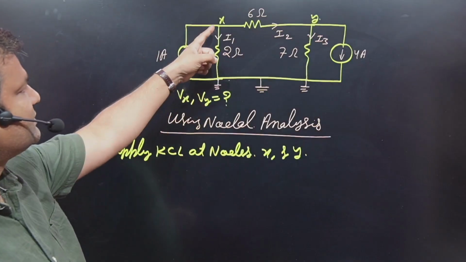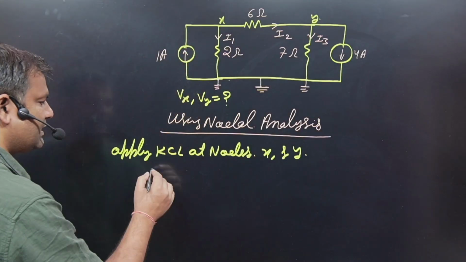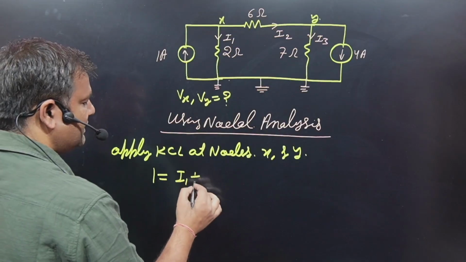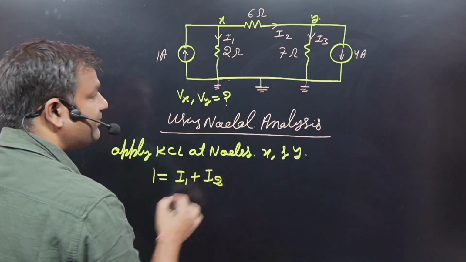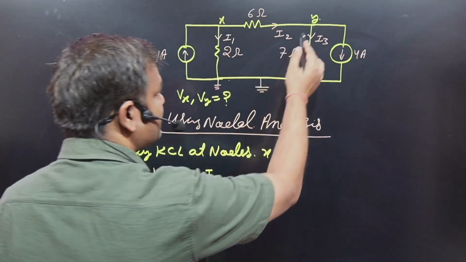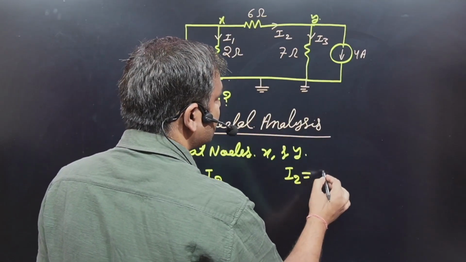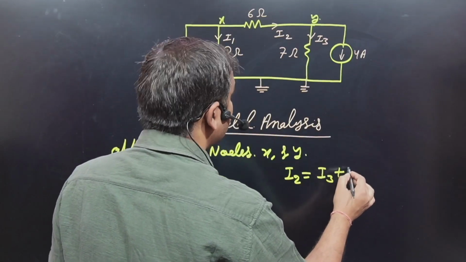Incoming current at this node is how much? 1 ampere. Outgoing current is I1 plus I2. So 1 = I1 + I2. And at this node, I2 will be equal to I3 plus 4 ampere.